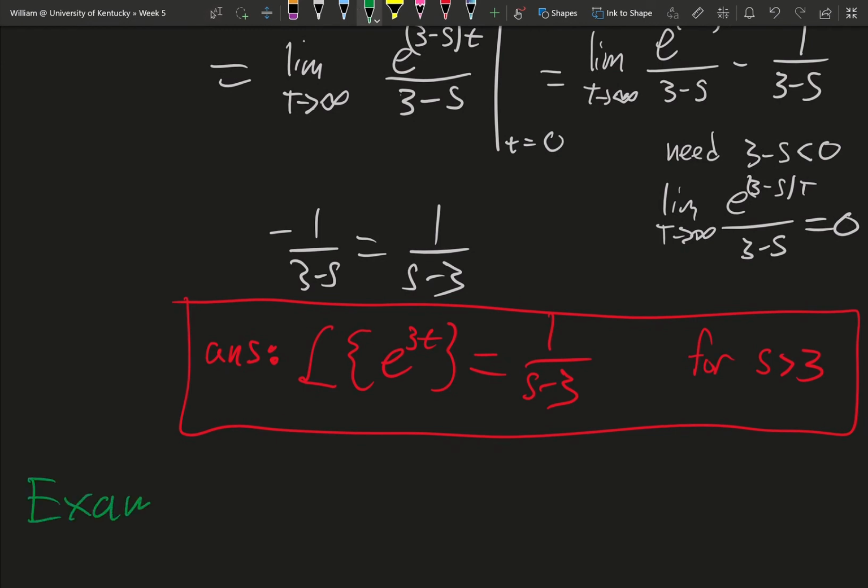Let's see if we can come up with a general formula. Can we compute the Laplace transform of just e raised to the a times t power?